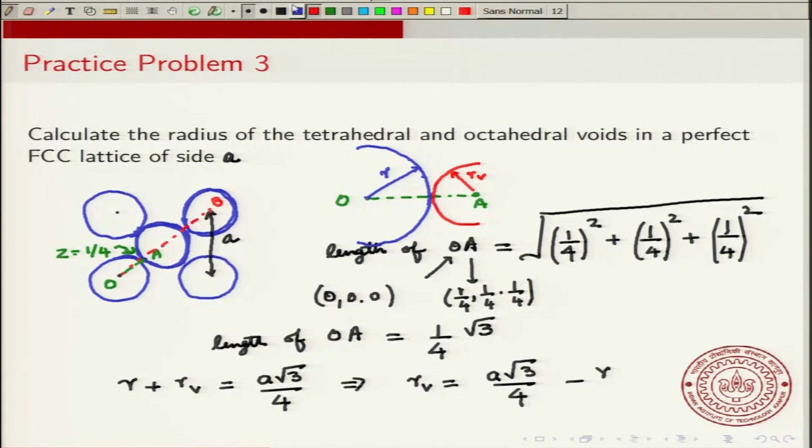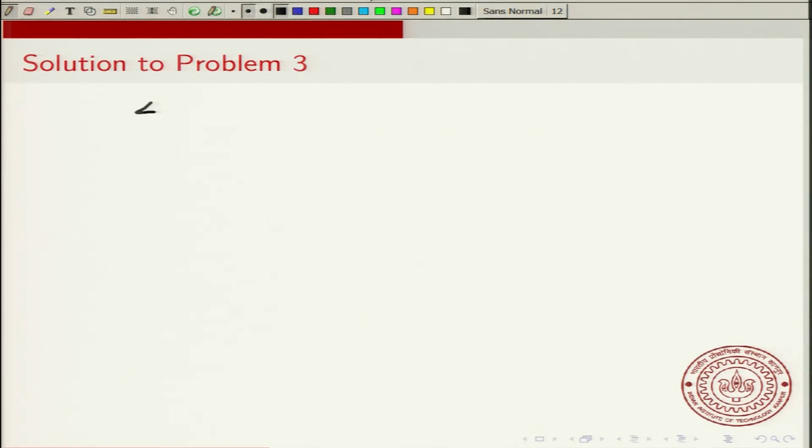So we can say that 4 times the radius is equal to OB, which is equal to A root 2. Therefore, R is equal to A root 2 by 4.